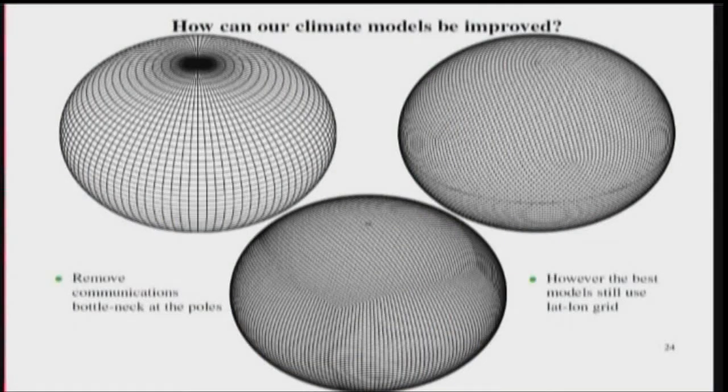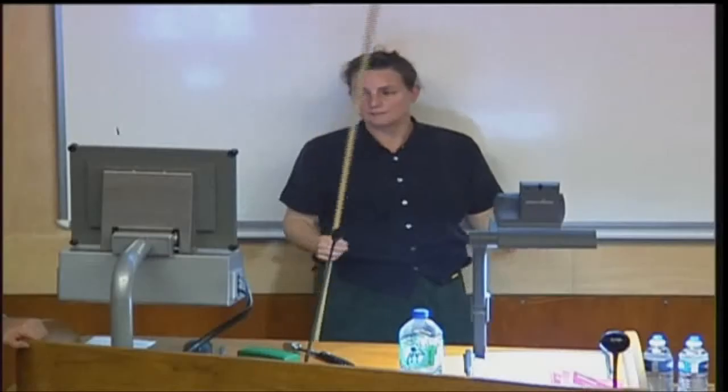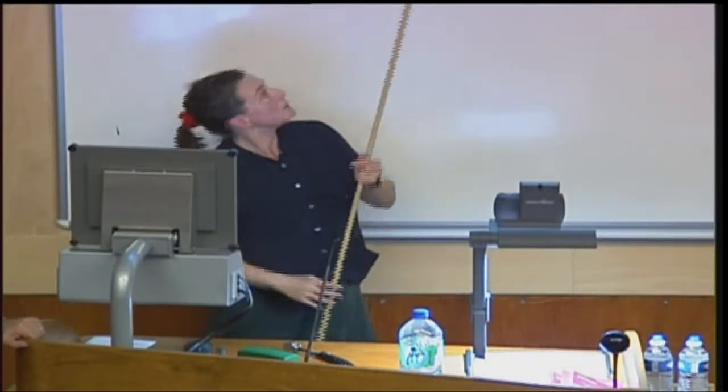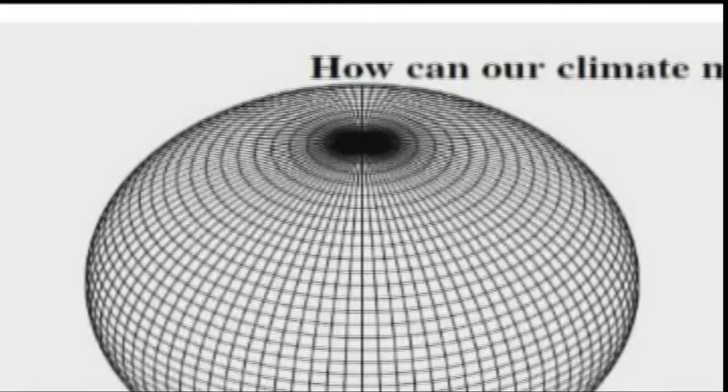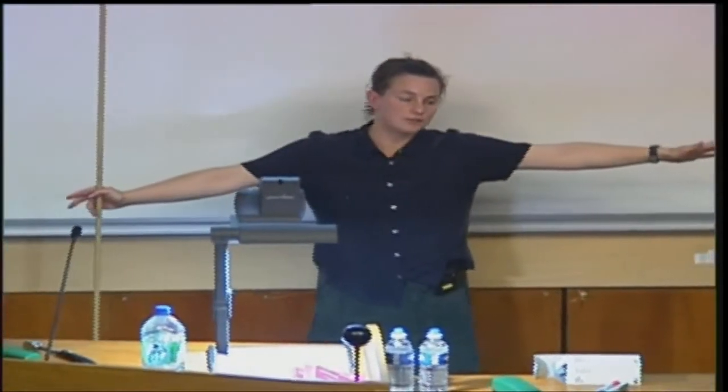Most climate models use a latitude-longitude grid like this. The Earth is split up into latitude-longitude grid boxes, which can be very accurate. It's a very good way of doing things in many ways. However, all the grid boxes get very, very close together near the poles. The weather in this location, if I'm sitting here near the pole, or anywhere, is influenced by the weather in a region a few hundred, 1,000 kilometres around me.